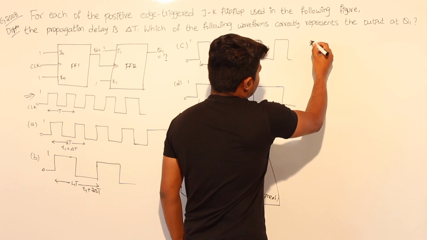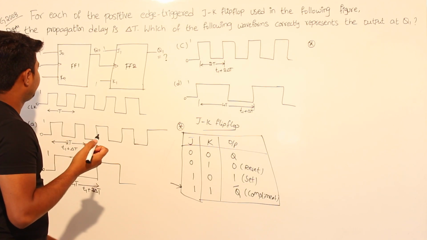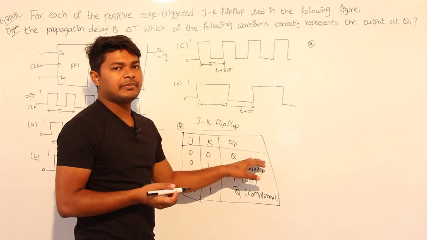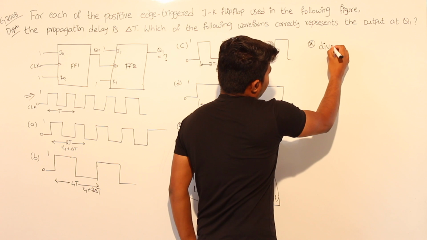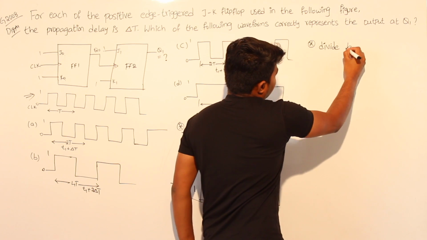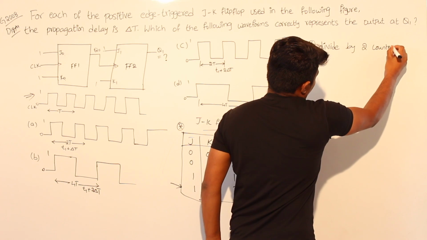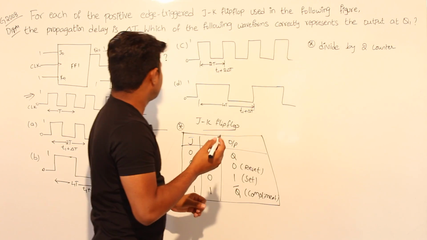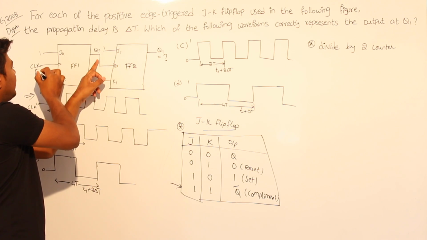The next point is that this JK flip-flop acts as a divide by 2 counter. What we mean by divide by 2 counter is that the frequency which you are getting here will be half of the clock frequency.